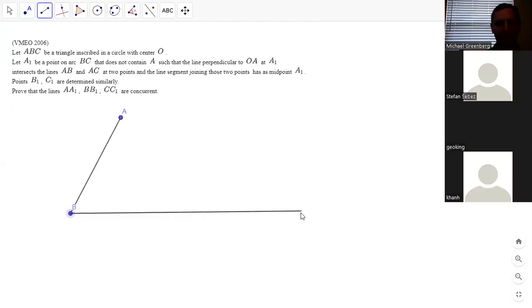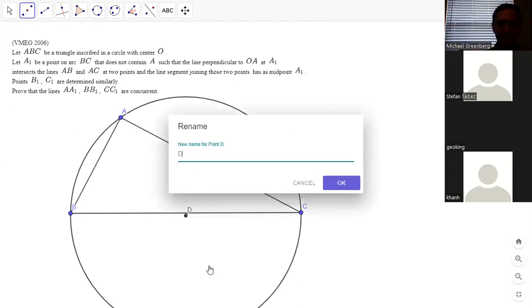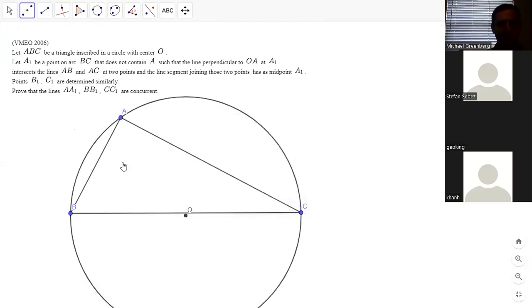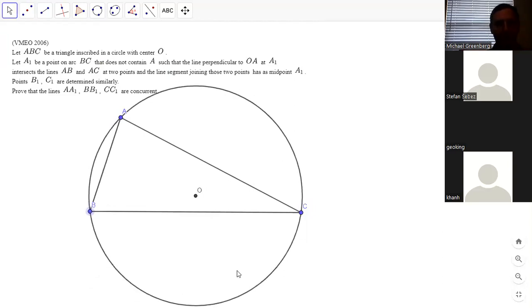So O is the center. And then we have a point such that the line perpendicular to OA. So basically we draw the line OA.